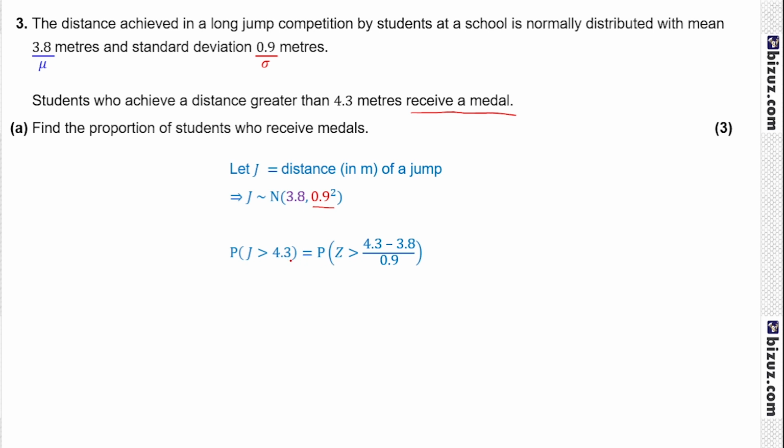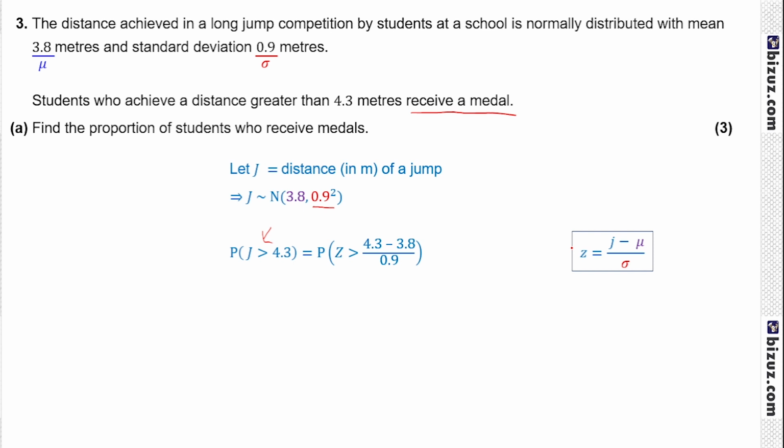Well, why are we not directly finding this? Why do we need to convert this to anything? Well, we cannot actually just find the probability for any given normal distribution. We can only find the probability if it's a standard normal distribution, which has a mean of 0 and a standard deviation of 1. So to convert our value to the standard normal distribution, we are going to use this formula.